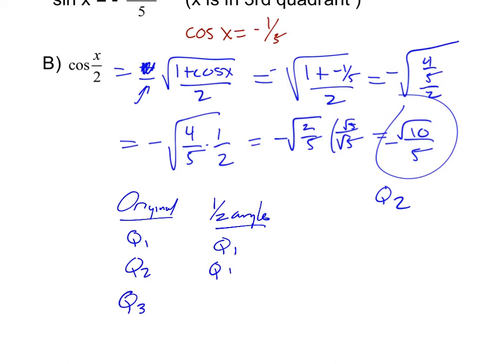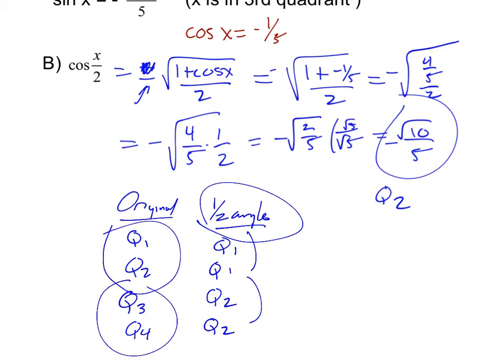If you're in quadrant 3, half of it's going to be in 2. And if you're in the 4th quadrant, that's also going to be in quadrant 2. All right? So your half angles are either going to be in 1 or 2, depending on where your original is. So if it's 1 or 2, it goes to 1. 3 or 4, it goes to 2.